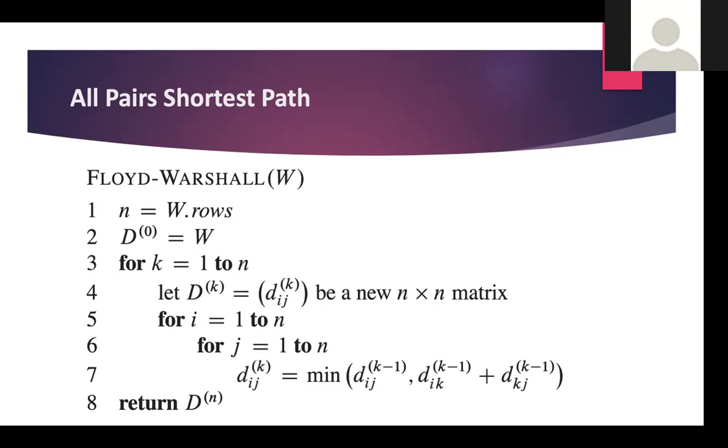And often you have to keep track of a lot of different things, a lot of different values from the previous round in order to make the current round successful. And it turns out here that you have to store all the n squared values from the matrix D from the previous round k minus 1. Without that, you can't get it to work correctly, at least not for all the values.